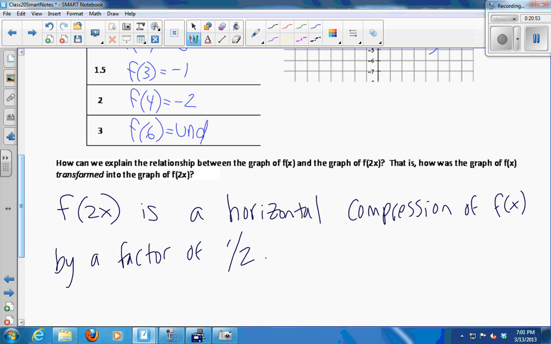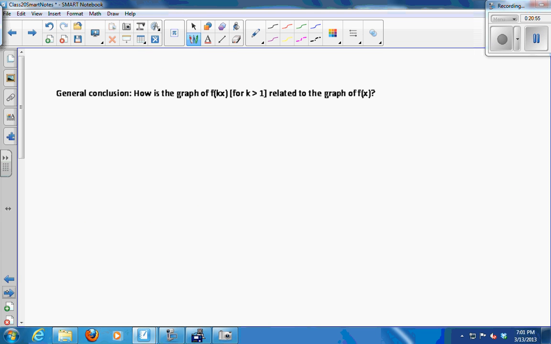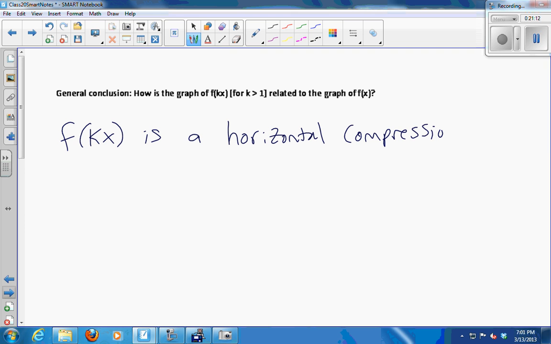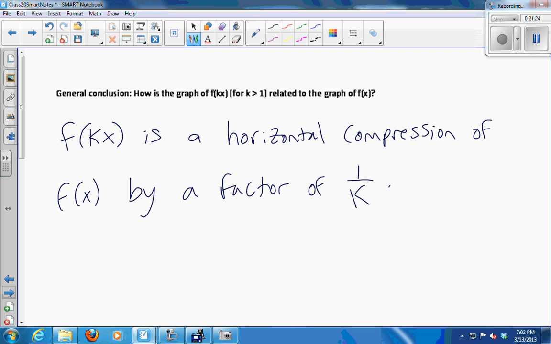Yeah, great. So in general, if you're multiplying x by a number k, and that number k is bigger than 1, then f of kx is a horizontal compression of f of x by a factor of 1/k.